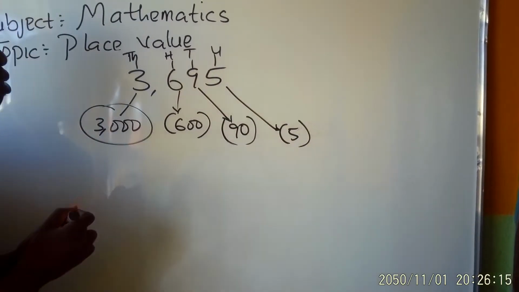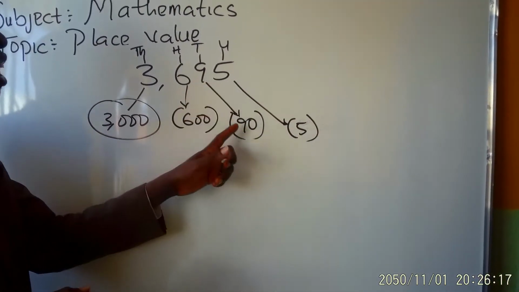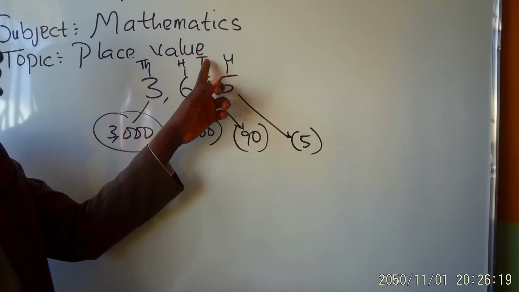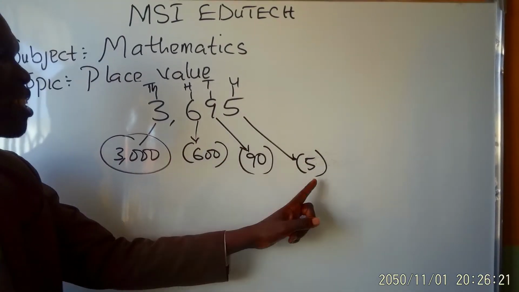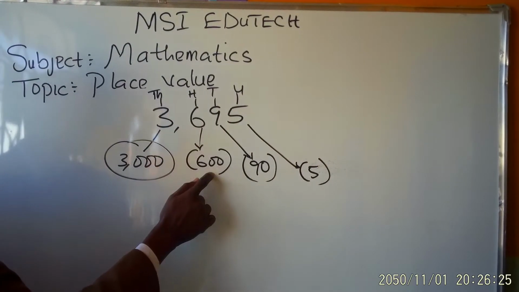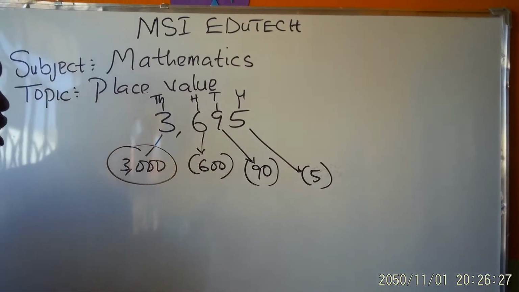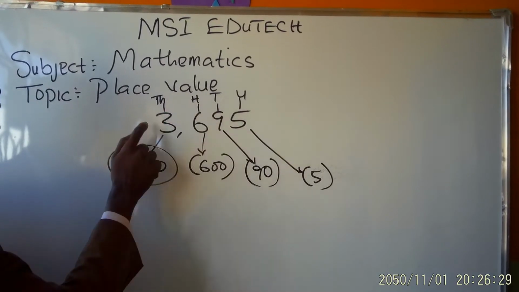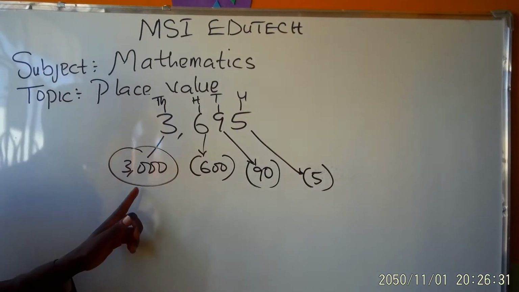So the value of 9 here is 90 because it's tens. The value of 5 here is 5 because it's unit. The value of 6 here is 600 because it's under hundred. The value of 3 here is 3000.